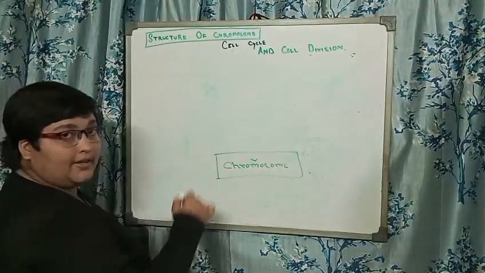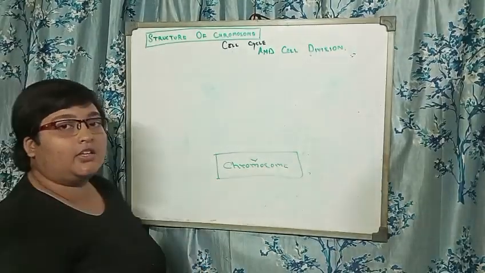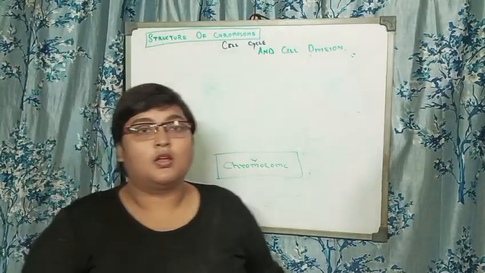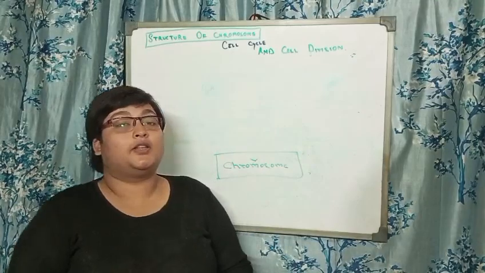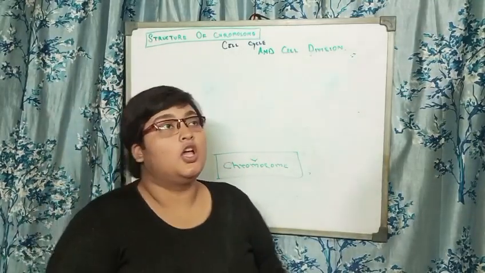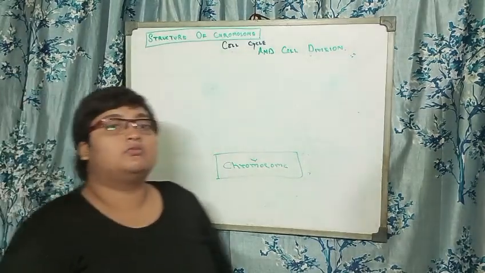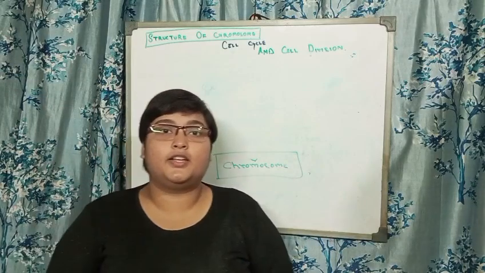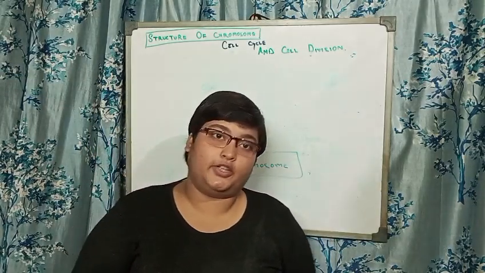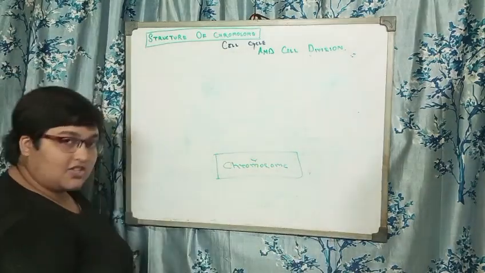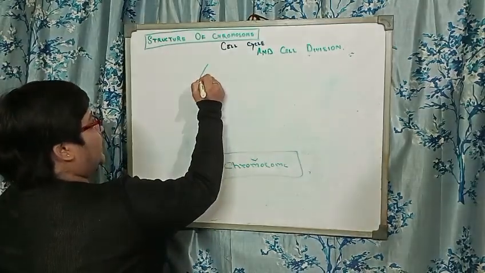So the chromatin is made up of DNA and proteins, and the name of that protein is histone protein. About 40% of our chromatin contain DNA, and the rest 60% is protein, that is the histone protein. DNA is a double helical structure, that is it has two helix.